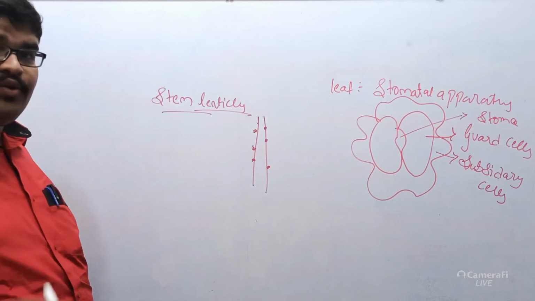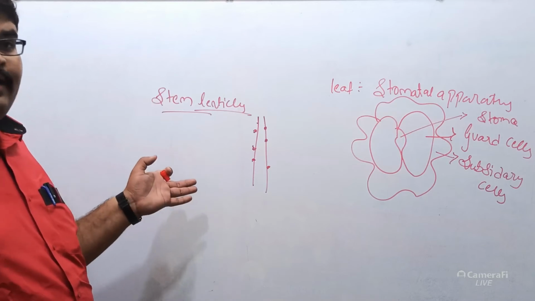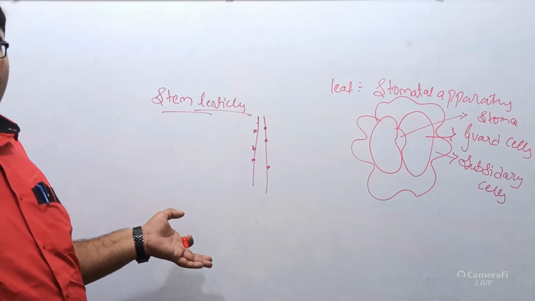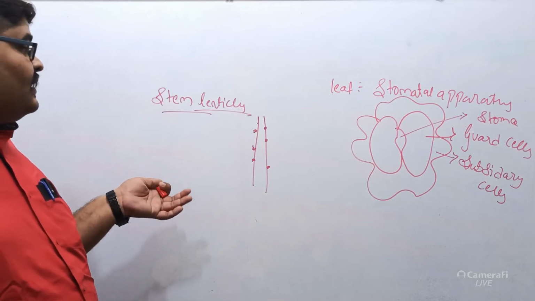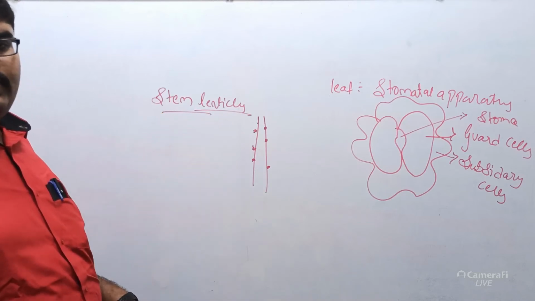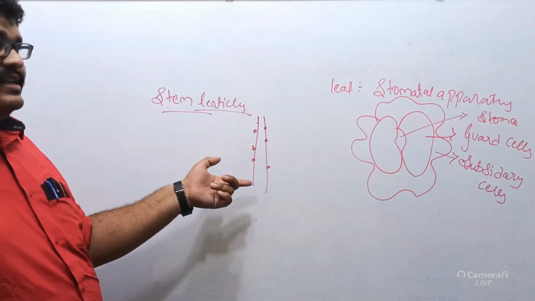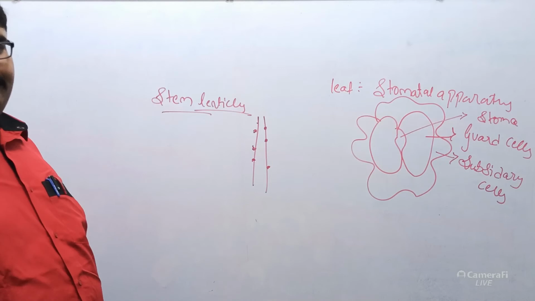You already know that some plants have a coating of suberin, which is impermeable to gases as well as water, but these lenticels do have the opening. So through this opening the exchange of gases takes place within the stem.